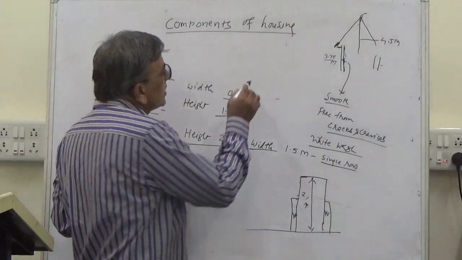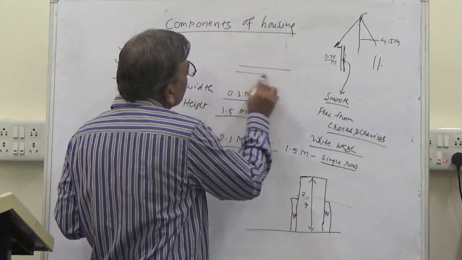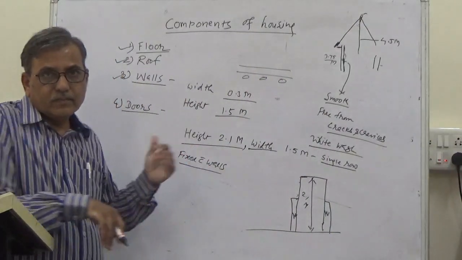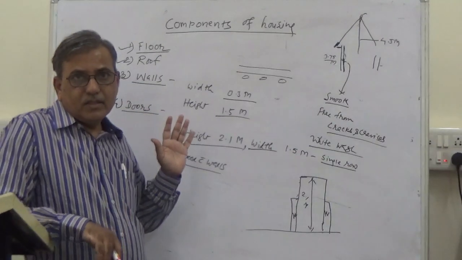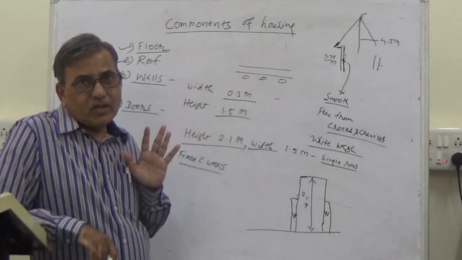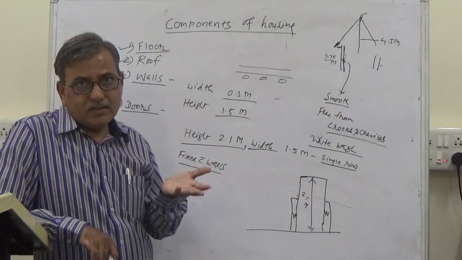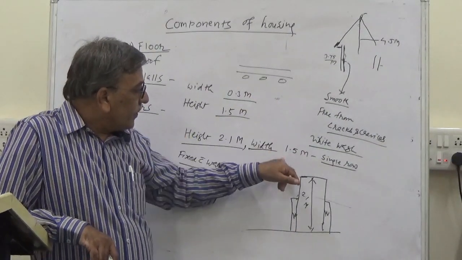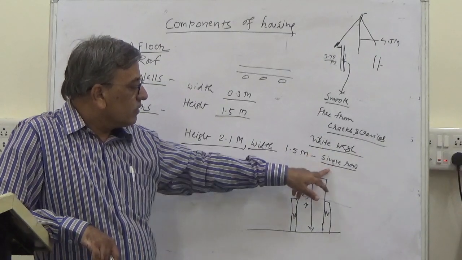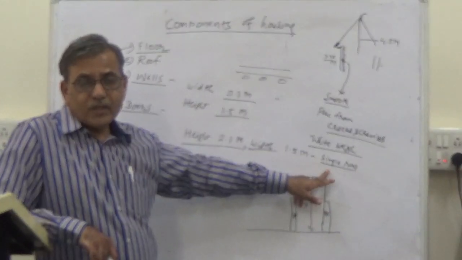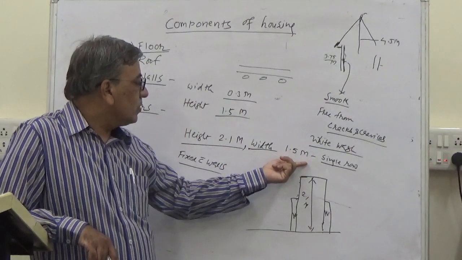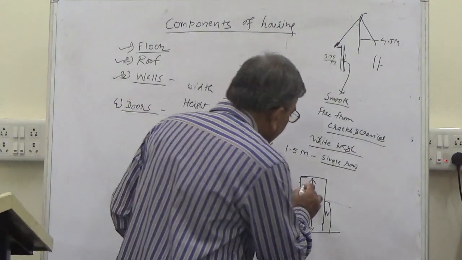When the number of animals is less, a single row system is adopted. On the back side there is no provision for tying another row of animals. So if it is a house for fewer animals accommodated in a single row, the width of the door should be 1.5 meters.